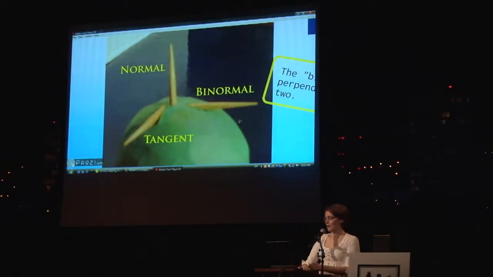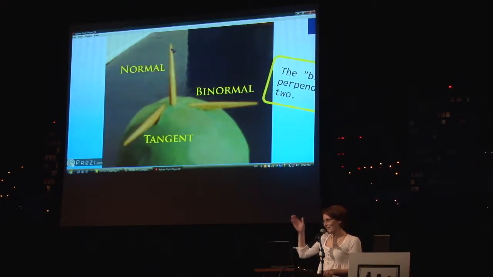So, as you recall, here's our little diagram again. If it's positive, if it's a red that's greater than 0.5, it's going to lean towards this tangent. And if it's less than 0.5, it's going to lean away from the tangent. And if it's greater than 0.5 green, it's going to lean towards the binormal. And if it's less than 0.5, it's going to lean away from the binormal.